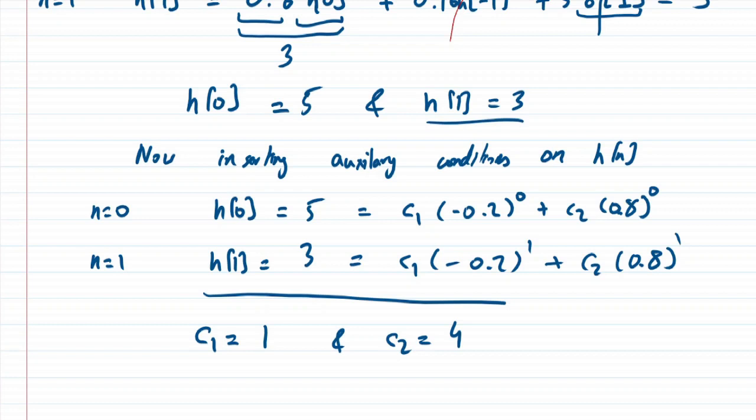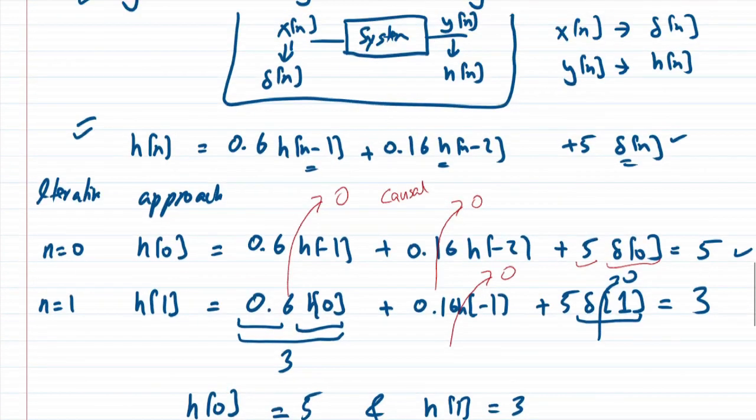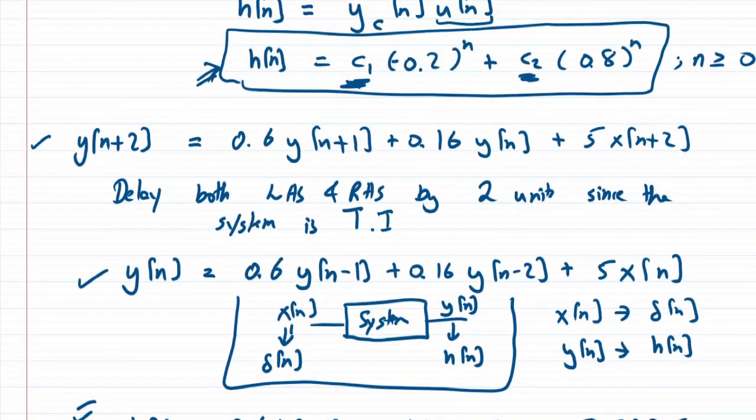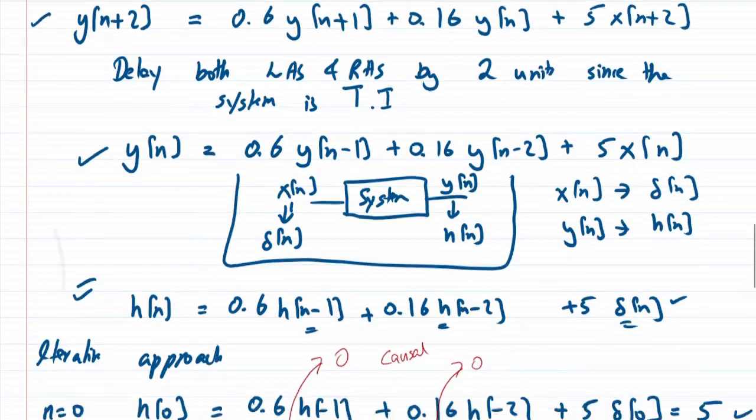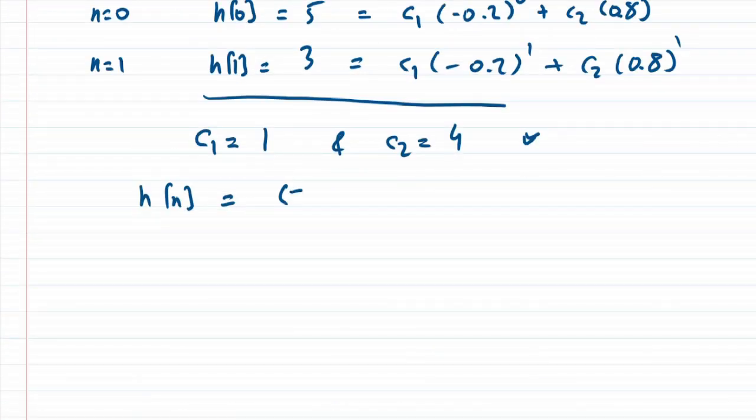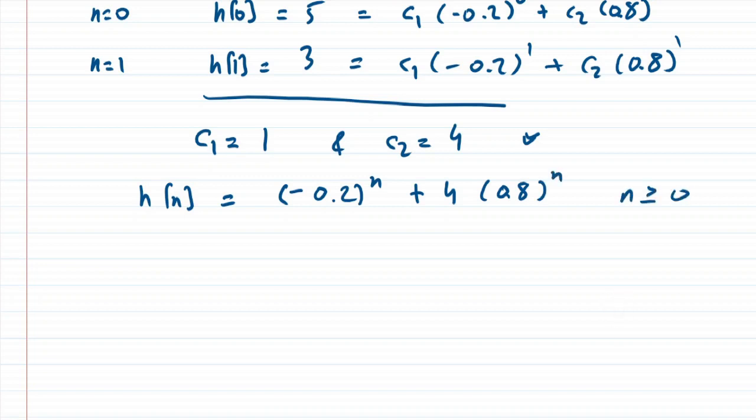right? And we can plug these 1 and 4 in the aforementioned h of n, which is this one. So we have simply minus 0.2 power n plus 4 into 0.8 power n, and this is for n greater than or equal to 0.